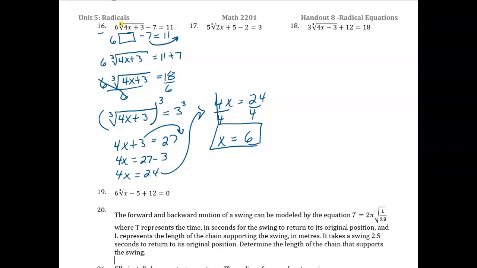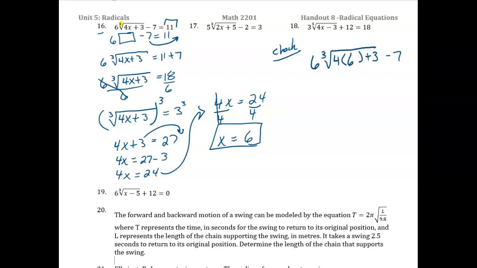And if you went to check this one, 6 cube root of 4 times a number plus 3. Subtract 7. It should give us 11. Well, let's put a number.